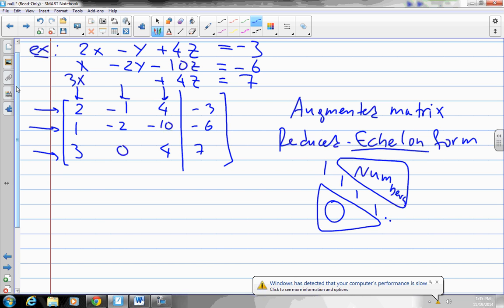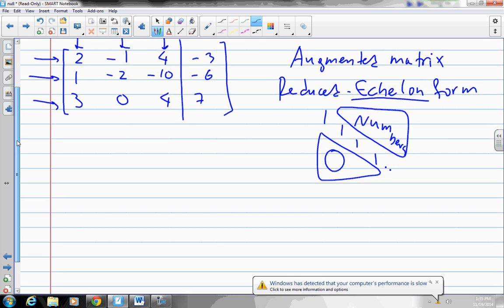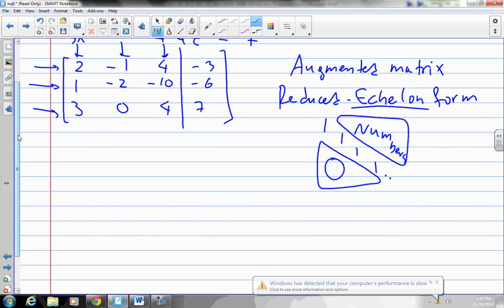But you see, this way, I know exactly what z equals to, because the last row just had 0, 0, 0, 0, 1, and then a number. So I know z equals something, so I can go back and resubstitute and find all the variables. Anyways, you'll see how that's going to work. So this is what I want to do. I want to convert this matrix so the leading term at the top is going to be 1, and then the entire diagonal is going to be 1, 1, 1.